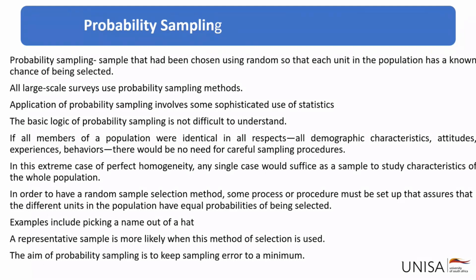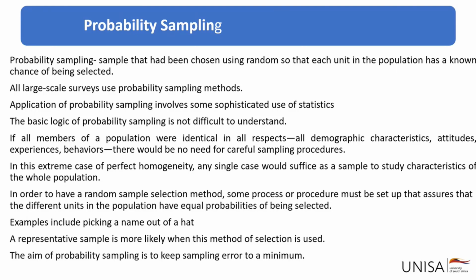If I look at you today, all of you stand a chance to participate in this class, as you all have an equal probability of participating, because there's no predetermined methodology that has been followed for you not to participate. So all large-scale surveys use probability sampling methods.